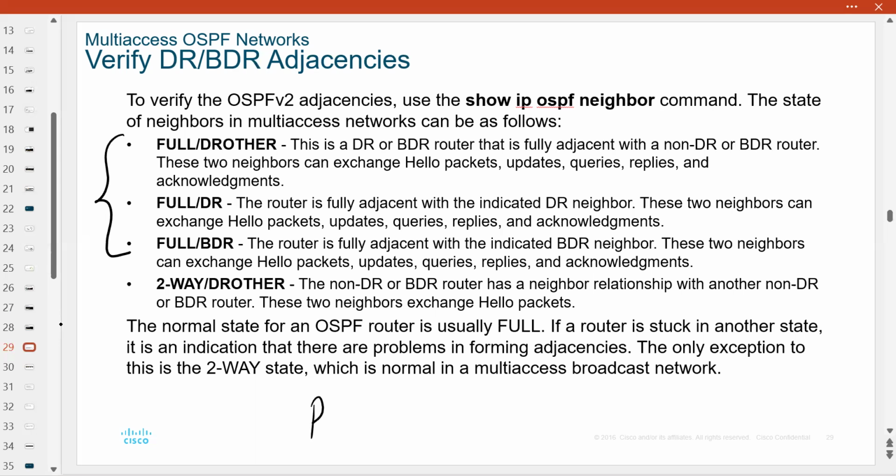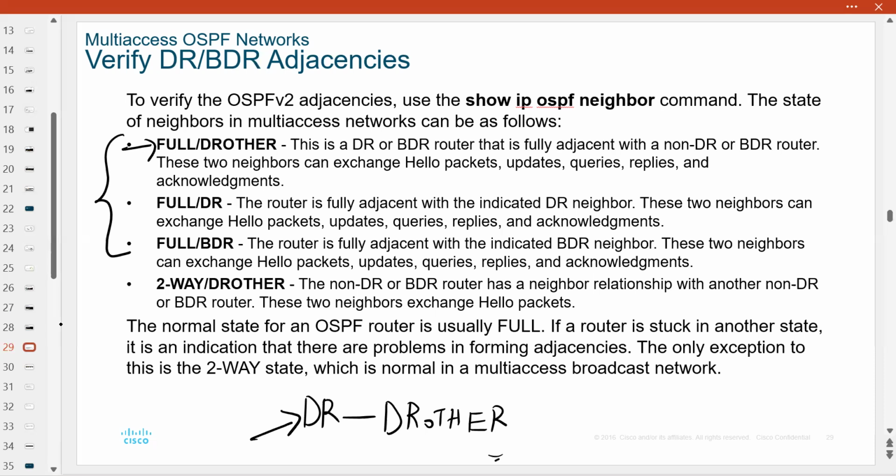So if we have a DR and a DR other having an adjacency, and you show the neighbor IP OSPF on the DR, it will show you it is in full DR other mode.